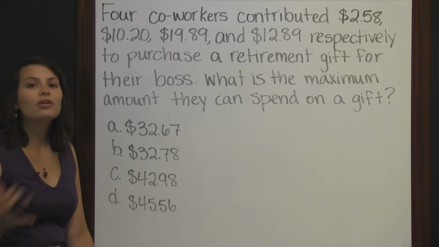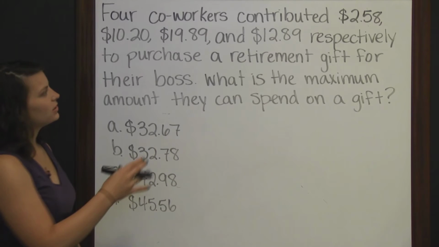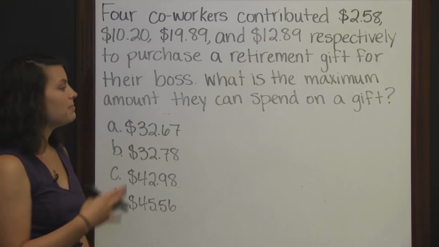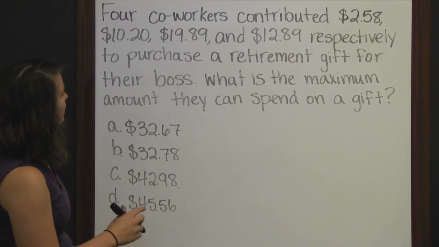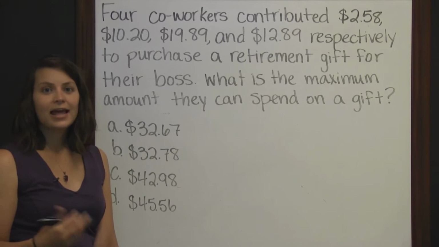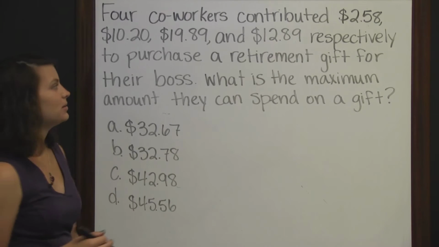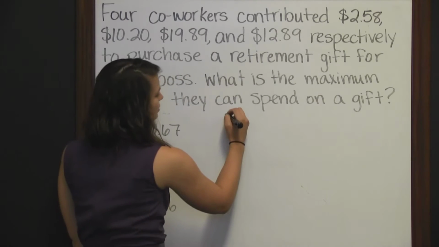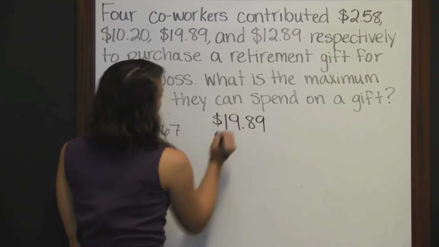So they're putting all of their money together, which means we're going to add it all up in order to figure out the maximum amount that can be spent on a gift. And you can add these in any order you want, because when adding, order doesn't matter. So I'm going to start with the biggest number, $19.89.